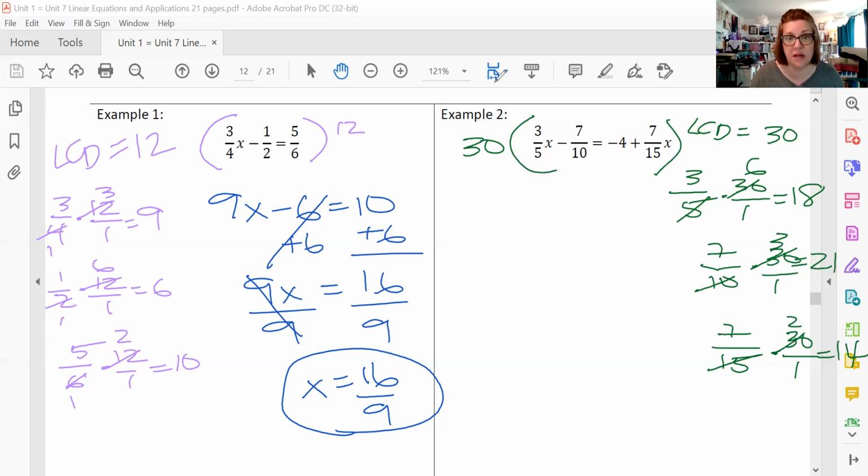Maybe I'll do this in a different color. So this is going to be 18x minus 7/10 is turning into 21. And that equals, oh, I forgot about the -4. It still is going to get multiplied by 30, because this got distributed to everything.